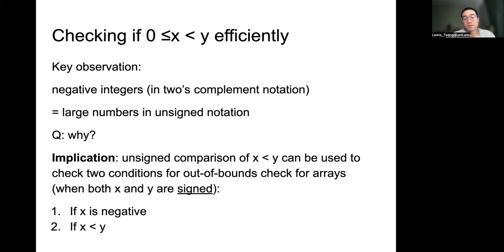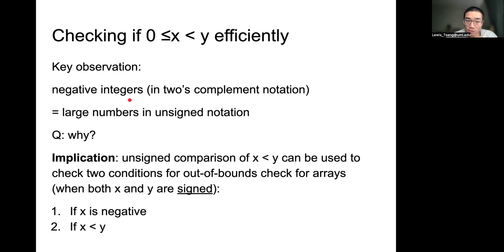And one key observation before I tell you the trick is that, remember in 2's complement notation of binary numbers, if the number is a negative integer, then when we interpret it in unsigned notation, it becomes a very large number. If you don't follow this key observation, make sure you go back to check what 2's complement means, and then you will understand this observation.